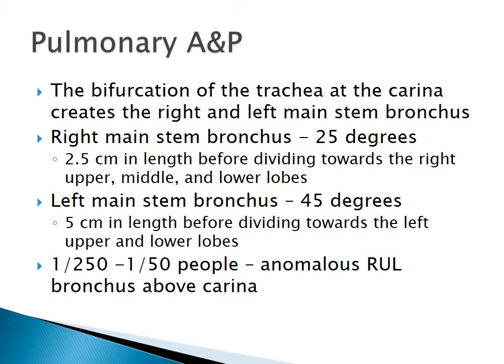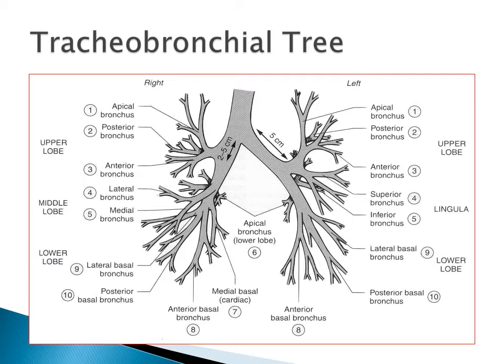All right, so kind of the airway, right? So right, left. You can see there's a little bit of a shorter distance for your right takeoff to the right upper lobe. So when you're looking down in your bronchoscope and you're looking at the screen, one of the things that is going to tell you your landmarks for am I in the right or the left, until you figure out which way is up and which way is down, which way is anterior or posterior, is when you drop into either the right or left mainstem, the distance before you have that first takeoff.